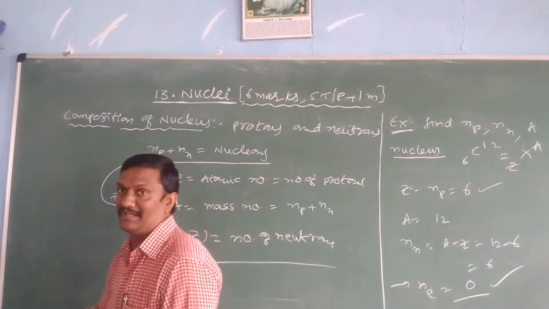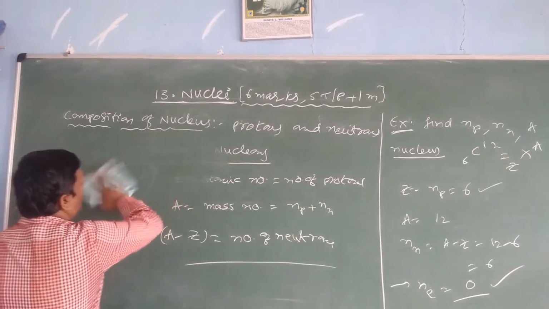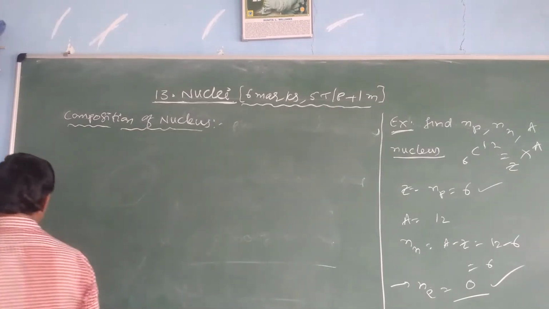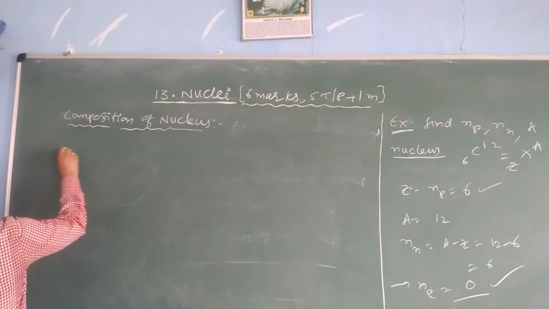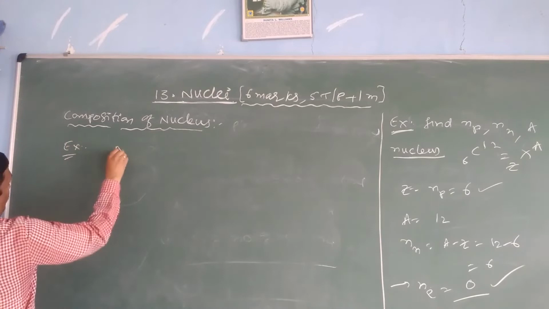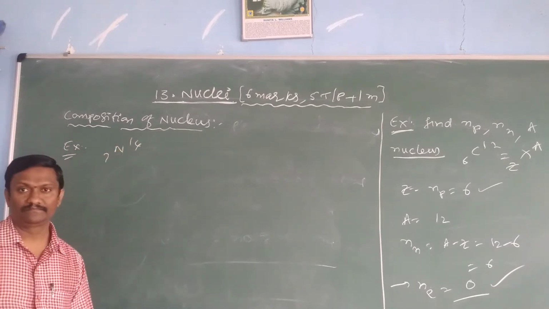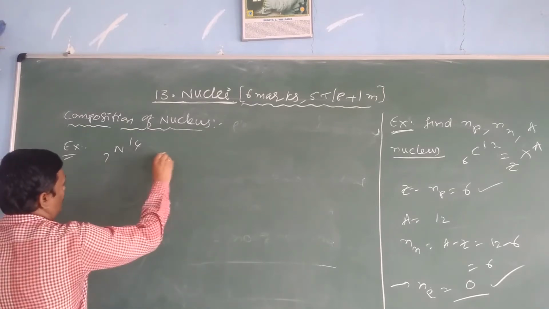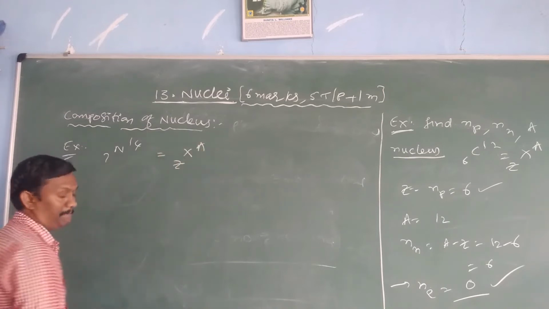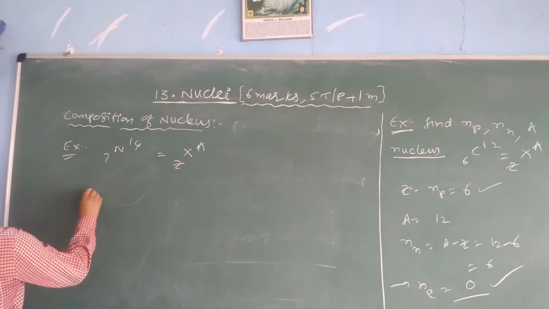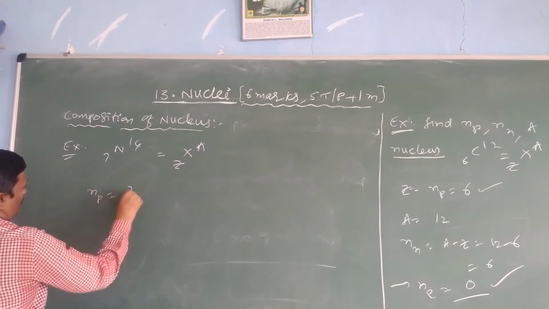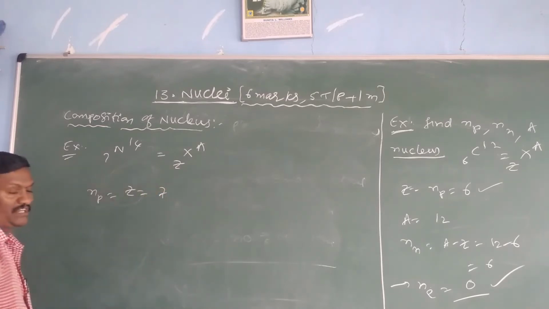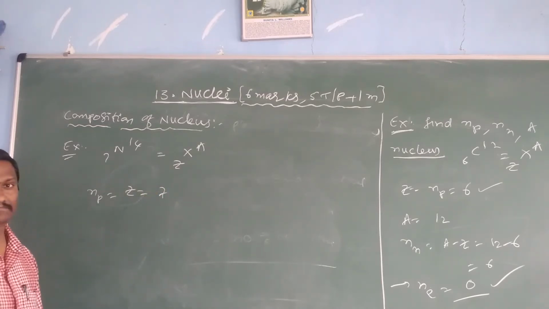Also practice one more example. Again find the number of protons, number of neutrons, and number of electrons. In the second example, nitrogen 14 with atomic number 7. It is also in the form of X with Z and A. Now compare. The number of protons means atomic number. So atomic number Z is 7, so the number of protons becomes 7.